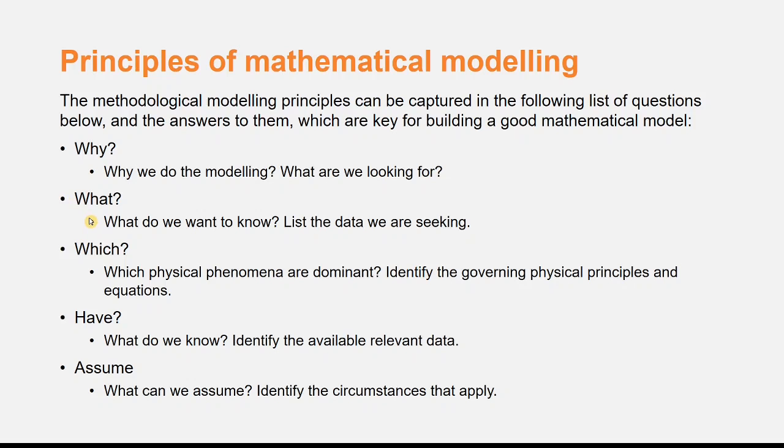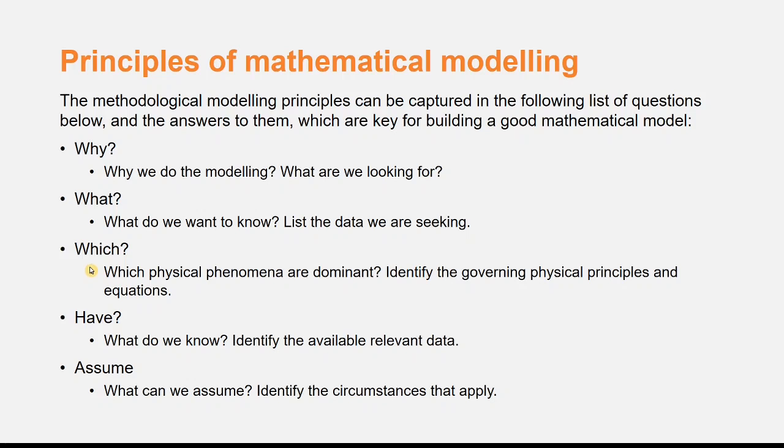What? What is it that we want to know by using the model? Write down all of the data you want the model to provide, and this will tell you the variables that the model needs to be able to predict. Which physical phenomena have the greatest effect on the dependent variables or things that we would like the model to calculate?